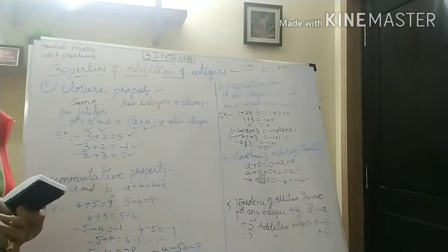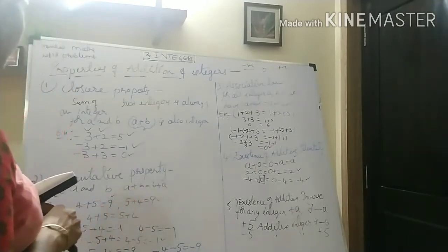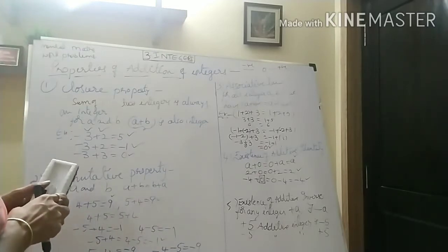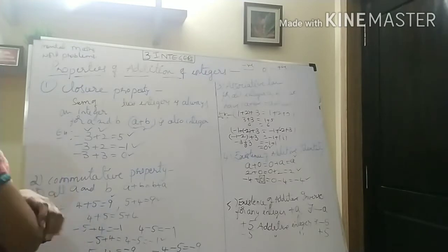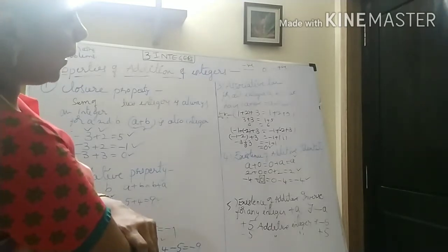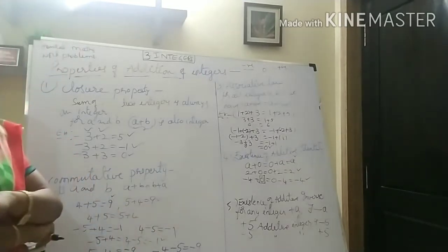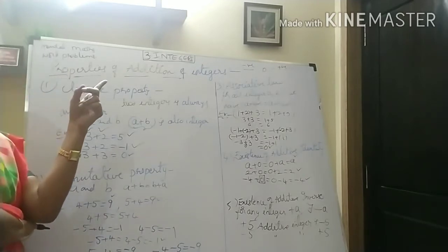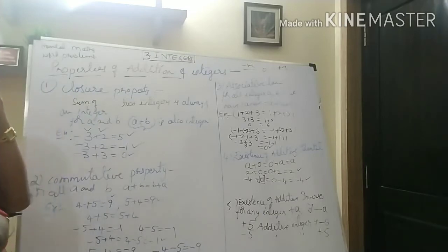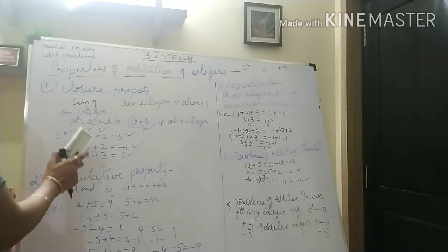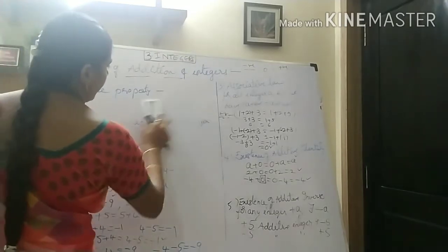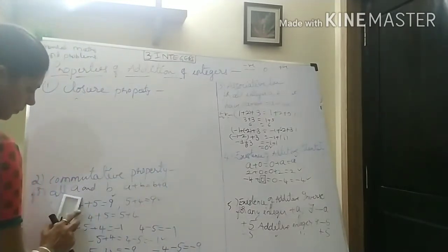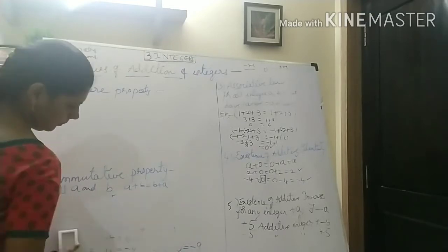So these are our properties related to addition of integers. First one, closure property, commutative property, associative law, existence of additive identity, and existence of additive inverse. Now we will see the properties of subtraction of integers. For this, we will check which of these properties are applicable for subtraction.